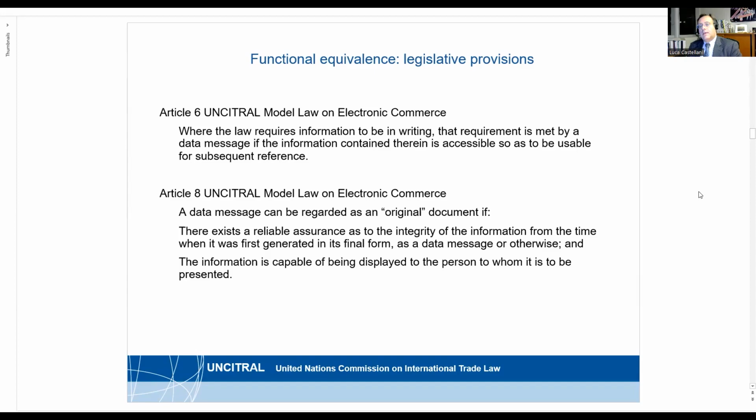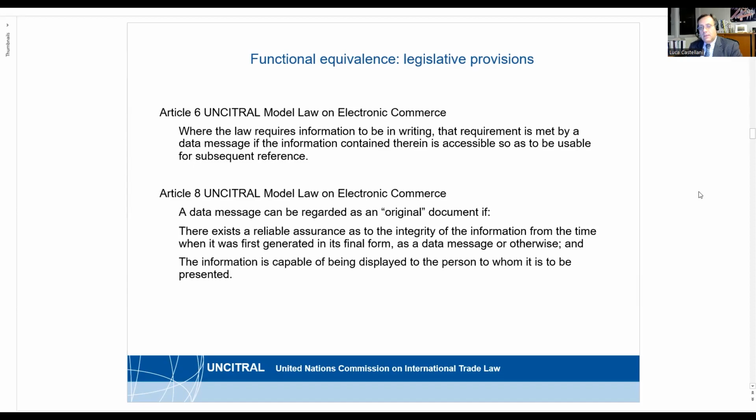And then the concept of accessible to be usable. It means that it is possible to read the file, usually with a machine, not necessarily by a human, and to find out what kind of information is on it. So if the file is corrupt, if the support is lost, if the software is outdated and it's not possible to read that information anymore, this standard is not met.